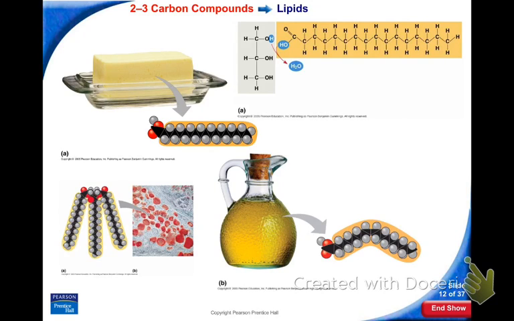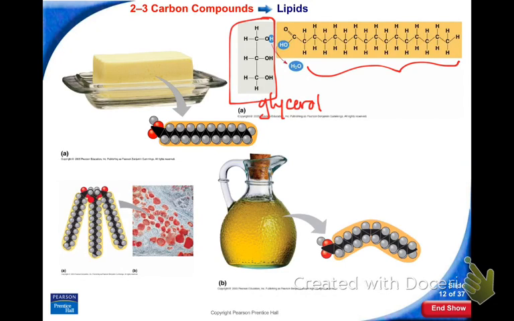So, fats, oils, and waxes can come in lots of different shapes and structures, and the difference between these, what we call saturated and unsaturated, has to do with how many hydrogens we have on the fatty acid tail. So, a general characteristic of lipids is they're made up of a glycerol molecule. So this here is our glycerol.